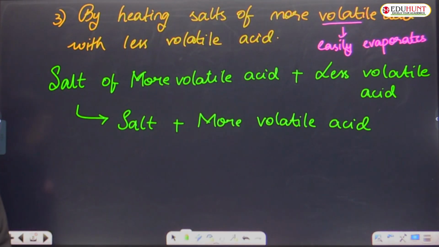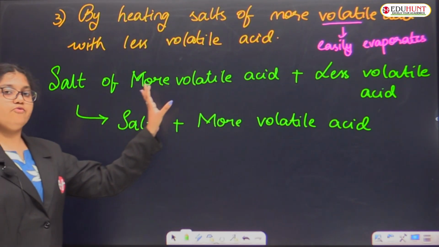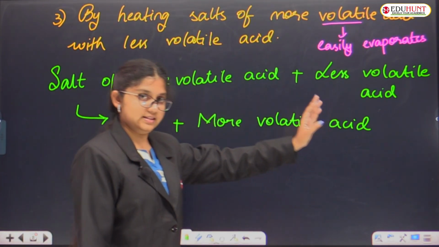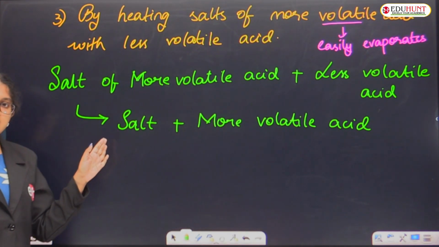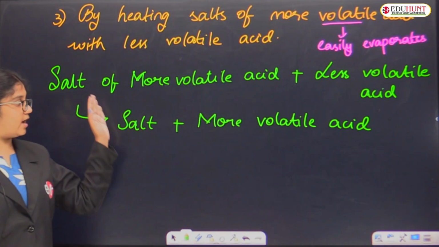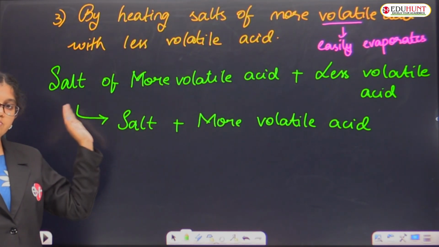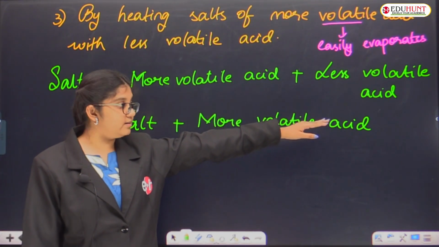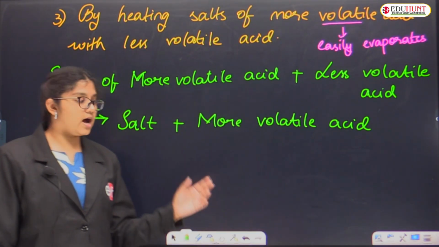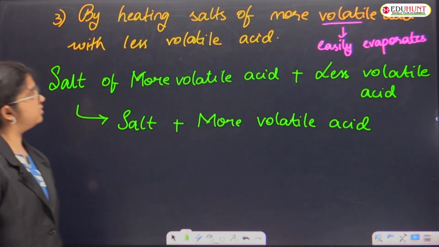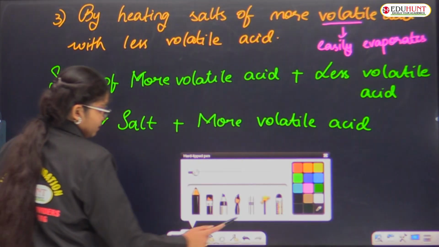Look carefully. When salt of more volatile acid reacts with less volatile acid, what is formed? The products are salt and more volatile acid. So, salt is separated from that of volatile acid. More volatile acid, how is it separated, children? By adding less volatile acid to that particular solution. Okay. So, salt is separated. More volatile acid is also separated. Now, clear? Now, we'll go to the examples, children, one by one.